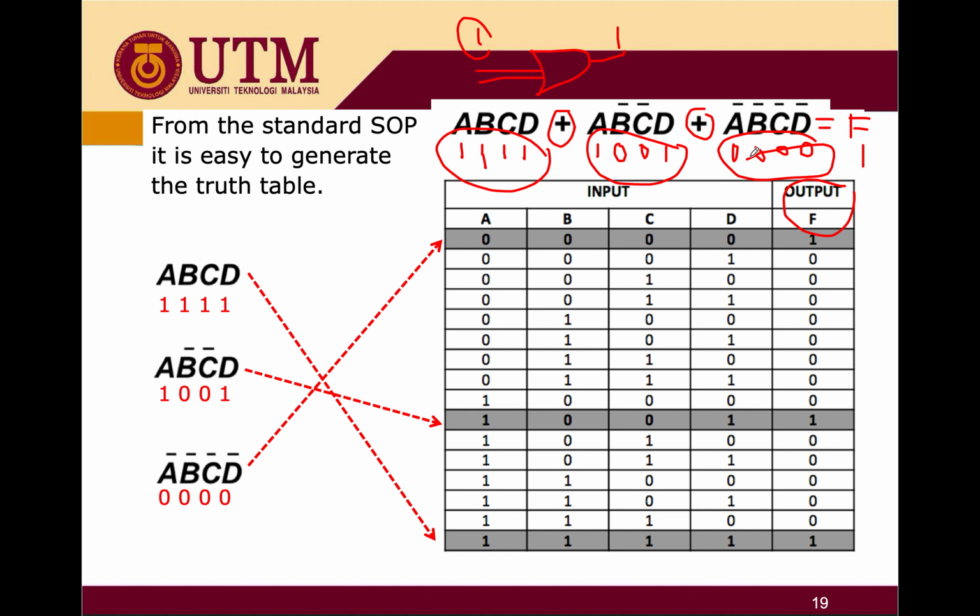First one is 0 0 0 0, your F will be 1. And then you have 1 0 0 1, so your output will be 1 also. And lastly 1 1 1 1, over here you will get the output 1 also.